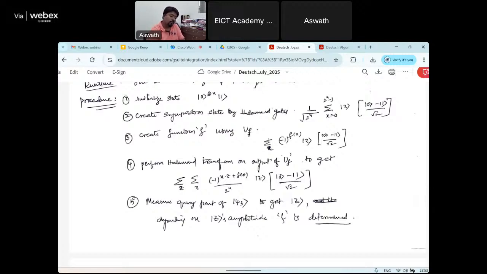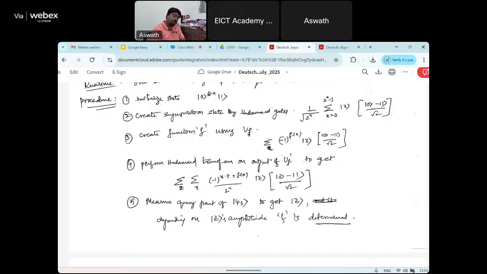Bob adds an ancilla qubit which is in a superposition of 0 and -1 and applies a unitary function f onto that entire state, which is the third step, and then he performs a Hadamard transform on the output of that.